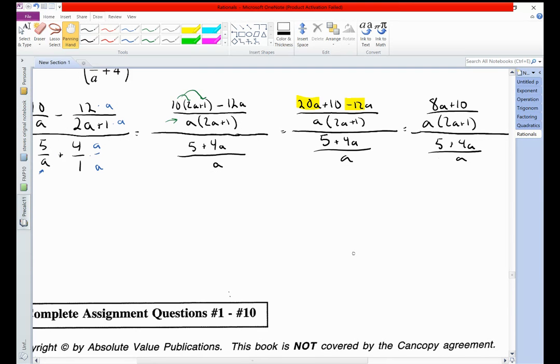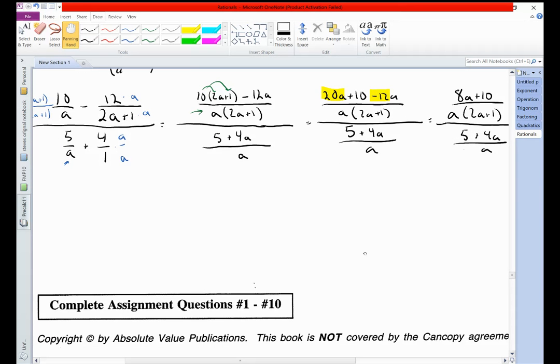So I can rewrite that 8a plus 10. I can factor 2 out of that. So now I have 2 multiplied by 4a plus 5 all over a multiplied by 2a plus 1.